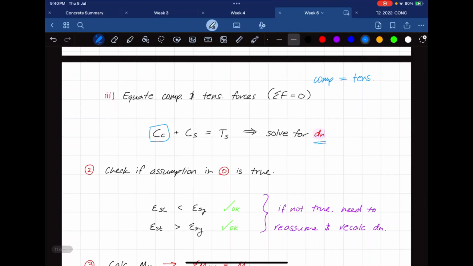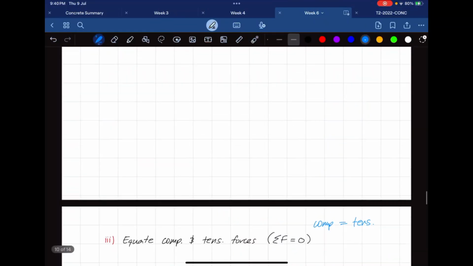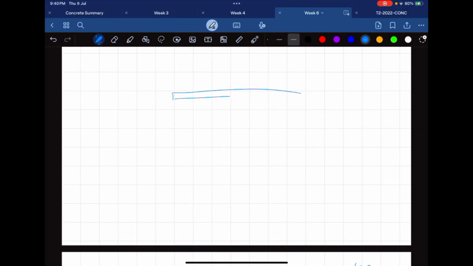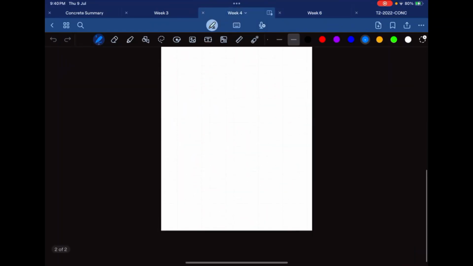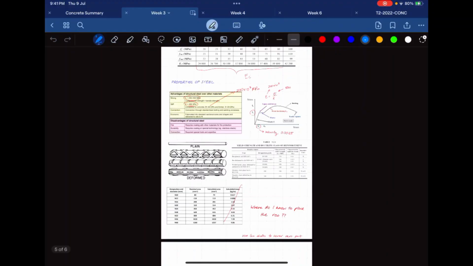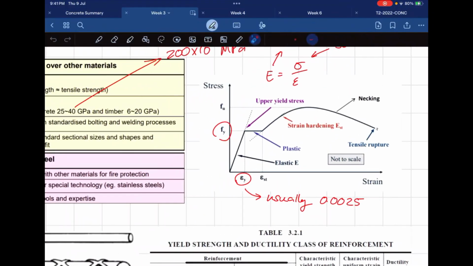So if a steel bar is yielded, that means the strain in the bar has exceeded the yield strain. If you remember back to last week, over here, this was the yield strain that I was talking about.